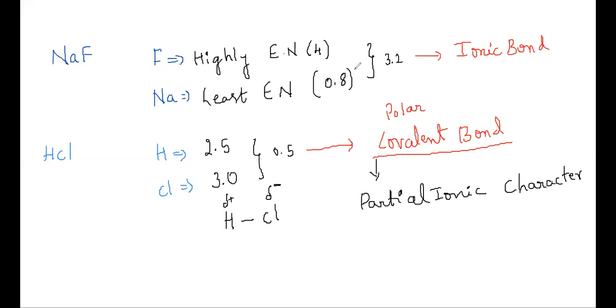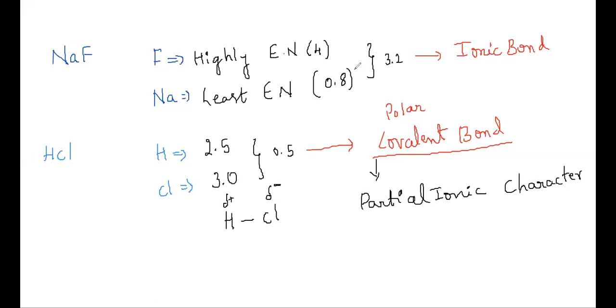We'll be studying more of this in chemical bonding in the first year concept. There we'll study partial ionic character, and how all covalent bonds that exist in nature have a little amount of ionic character in them. There is no perfect covalent bond. We'll discuss that in later classes.